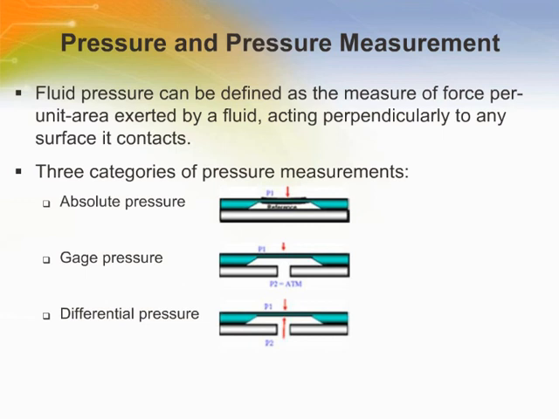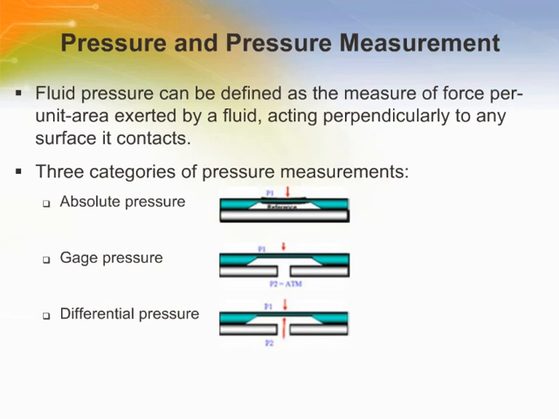The absolute pressure is the difference between the pressure at a given point in a fluid and the absolute zero of pressure, or a perfect vacuum. Gauge pressure is the measurement of the difference between the absolute pressure and the local atmospheric pressure. Local atmospheric pressure can vary depending on ambient temperature, altitude, and local weather conditions.